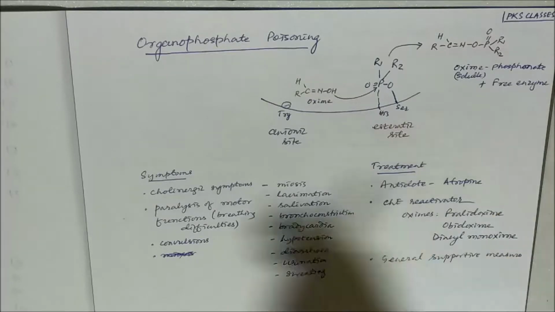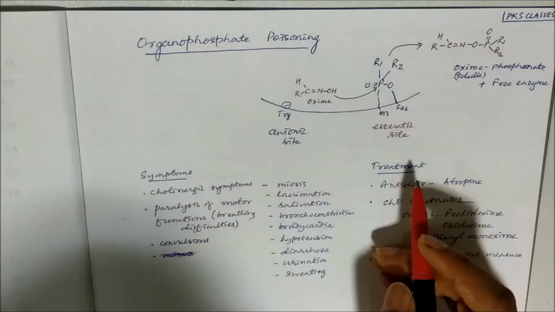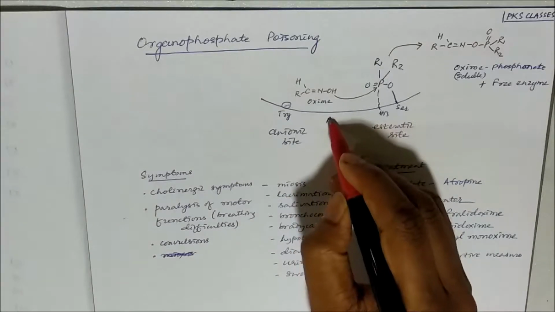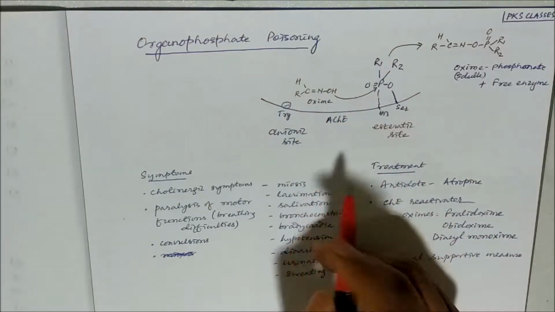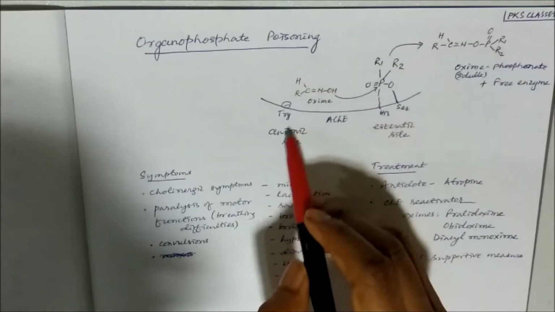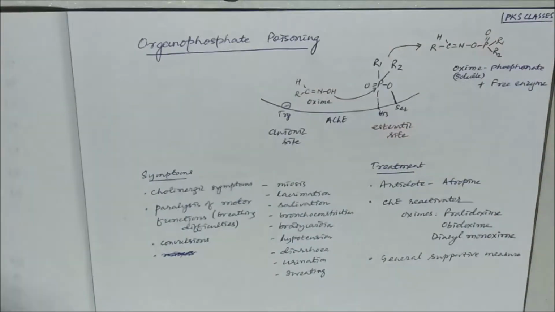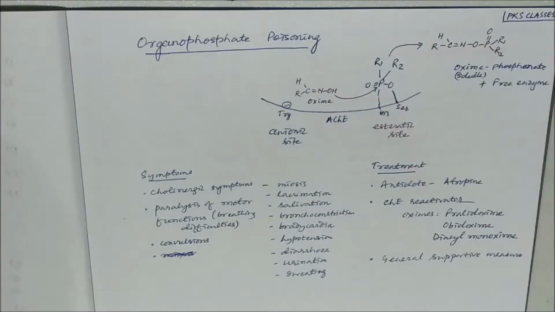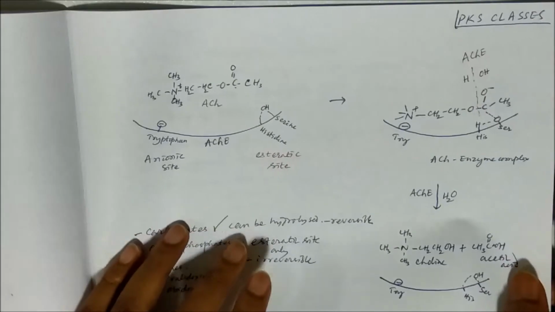Organophosphate compounds are irreversible inhibitors of the acetylcholine esterase enzyme. This enzyme has one anionic site and one esteratic site, and its substrate is acetylcholine.